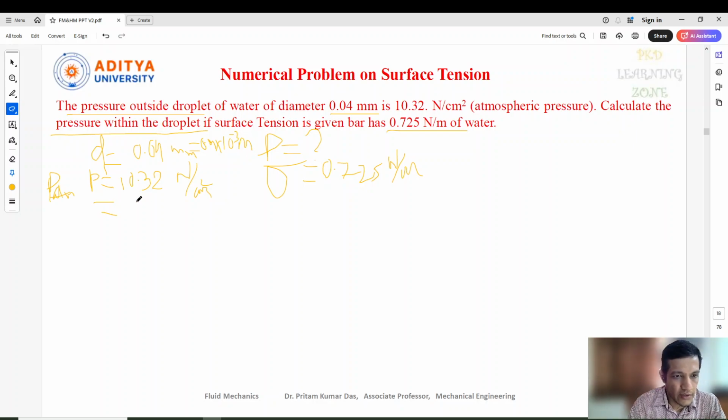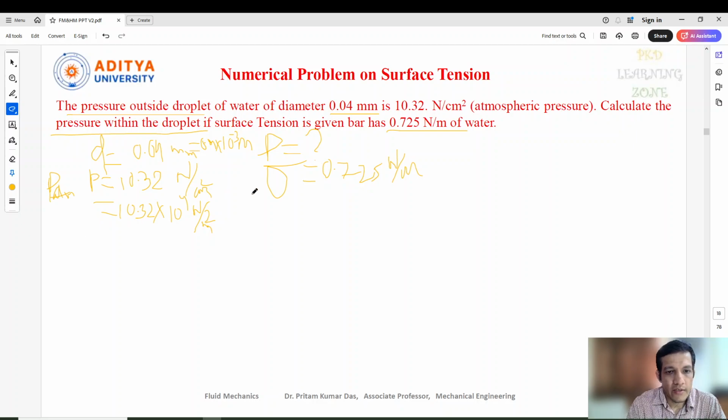Similarly, the pressure is given in Newton per centimeter square. We can convert it into meter square, so 10.32 into 10 to the power 4 Newton per meter square.